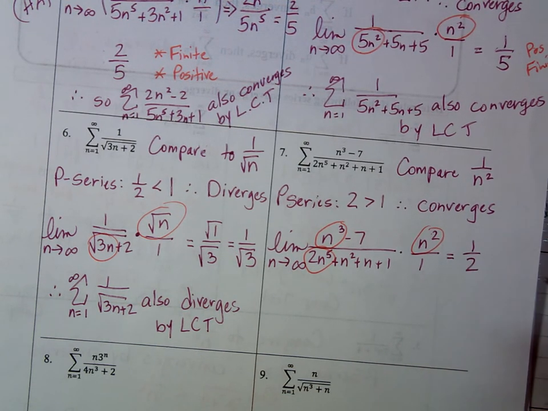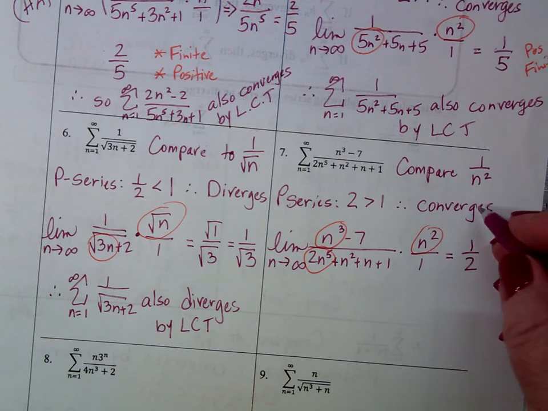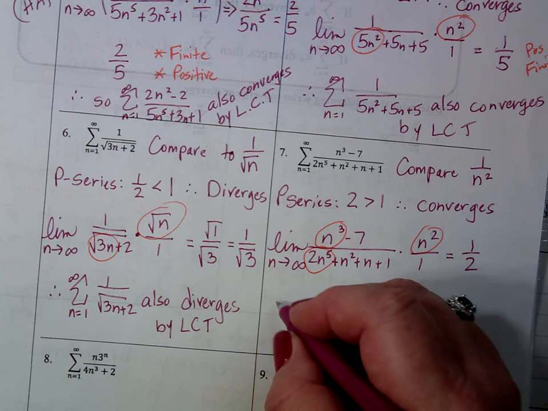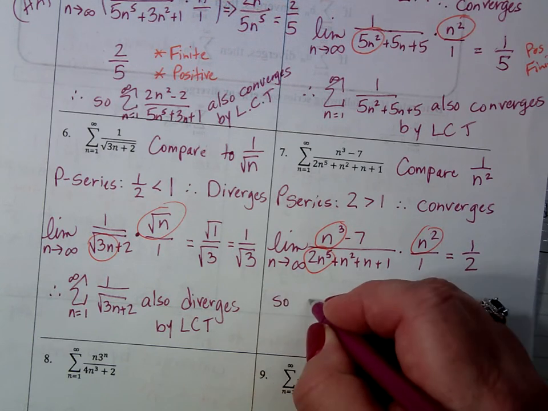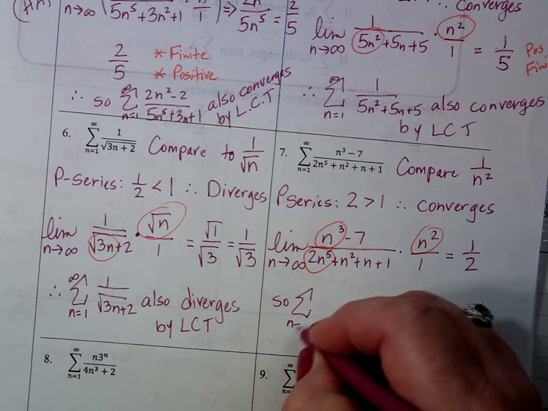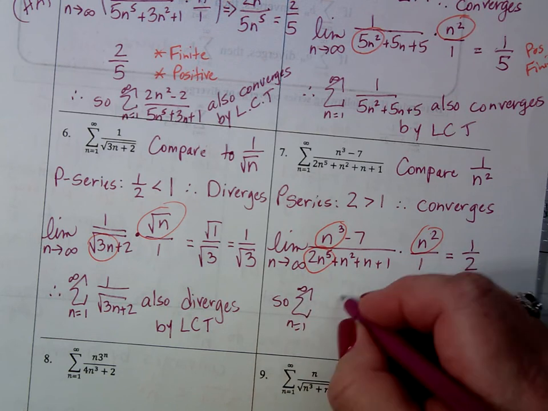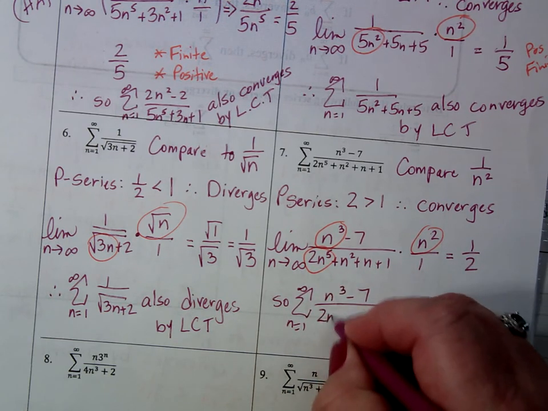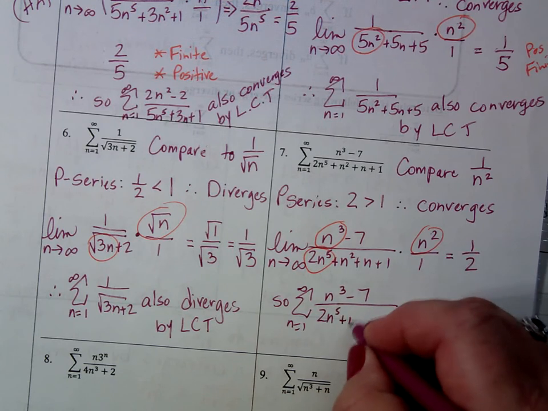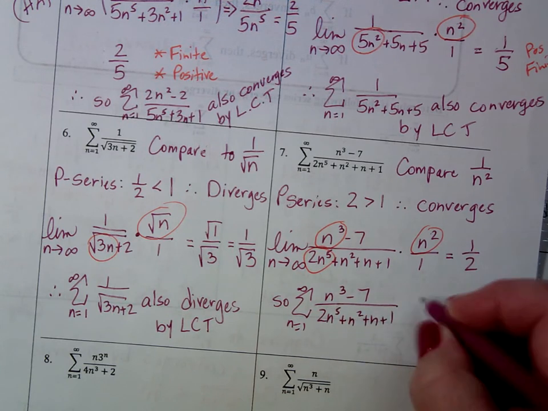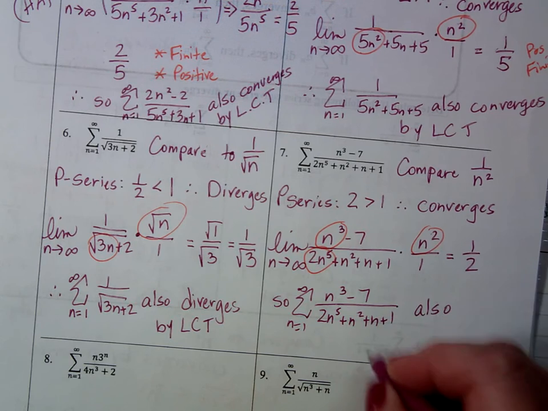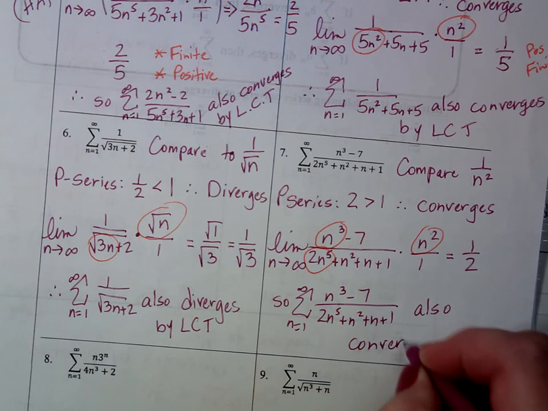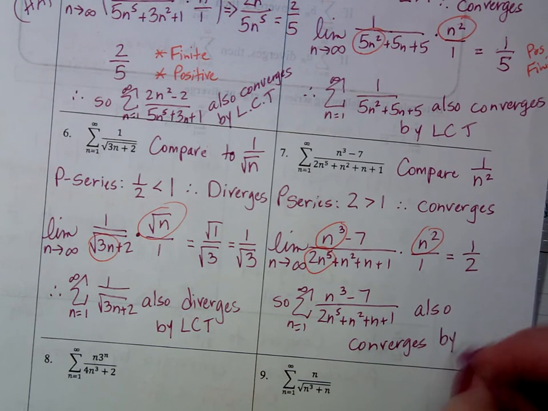Well, 1/2 is positive and finite, and since this converged, then this guy's going to converge too. So my sum of n cubed minus 7 over 2n to the 5th plus n squared plus n plus 1 also converges by the limit comparison test.